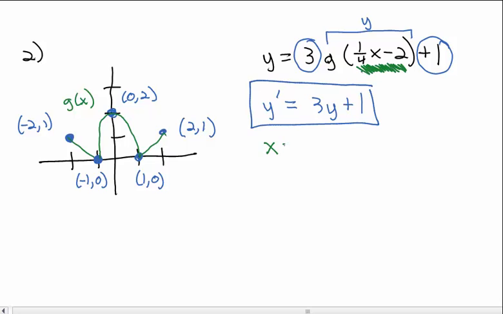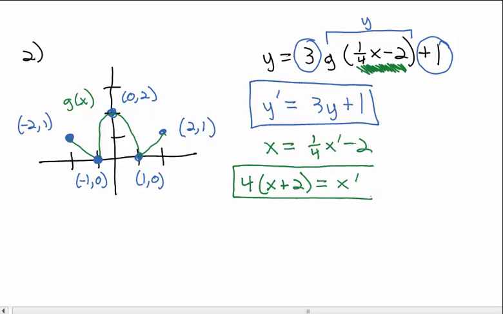But remember, we're going to have to solve, so it's backwards. x equals 1/4 x prime minus 2. So to solve, we're going to have to add 2 to both sides, and then we clear the 1/4 by multiplying by 4. And you can distribute if you want. I'm just going to do the order of operations, add 2, multiply by 4. And that'll give us our new x-coordinates.